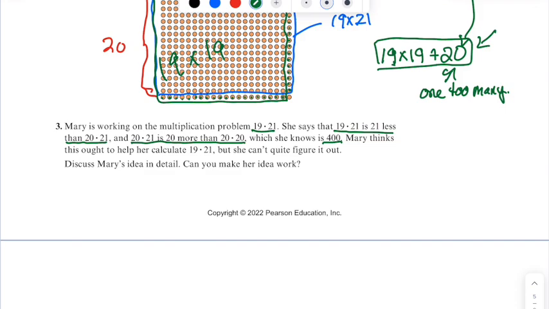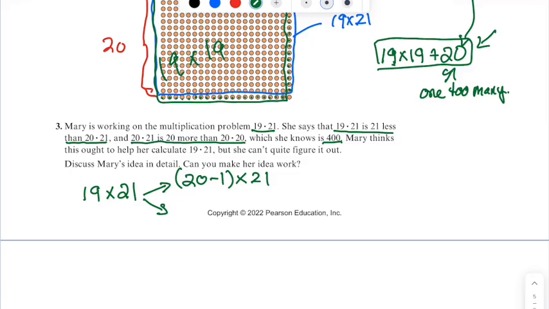Right, so I want 19 times 21. And so she thinks of it as 20 minus 1 times 21. Or she thinks of it as 20 times 21 is 20 more than 20 times 20.